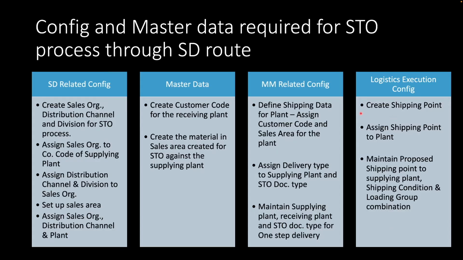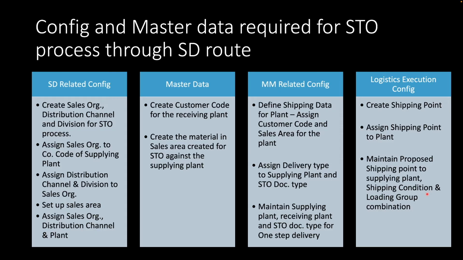What you have to do is create a shipping point here, then assign the shipping point to the plant, and then there is another configuration where you have to assign a proposed shipping point to the supplying plant, shipping condition and loading group combination. Now, what is the shipping condition and loading group? The shipping condition is connected to the customer side, that is, what kind of shipping condition you have with the customer.